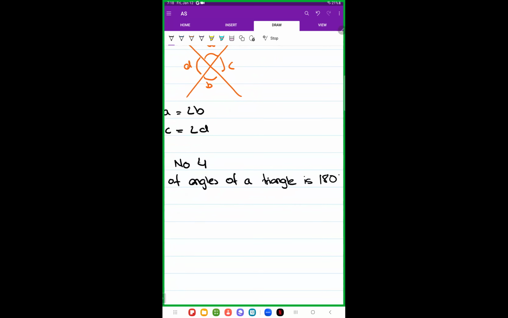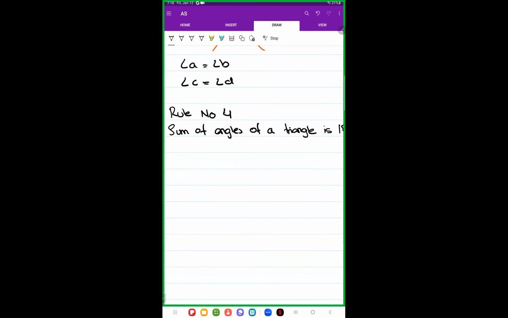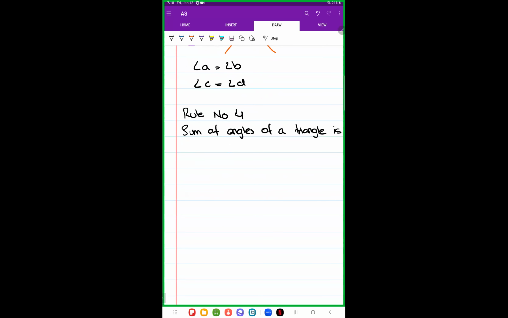This means any triangle you have, for example, this is my triangle. The sum of these angles A, B, C. What does sum mean? Adding. So angle A plus angle B plus angle C will be 180.